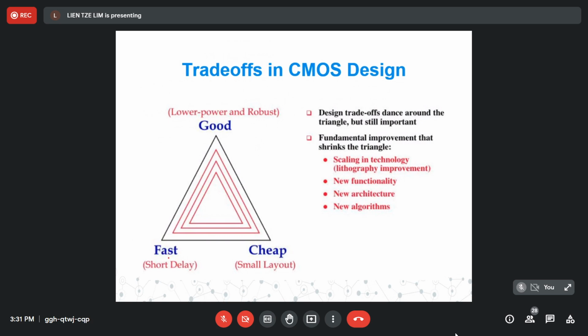And then we also have to make sure that the CMOS device can perform very fast, with small delay, and also that it is cheap, the cost is not too high. So all these are the elements that have to be considered when we design the CMOS device. All are important.